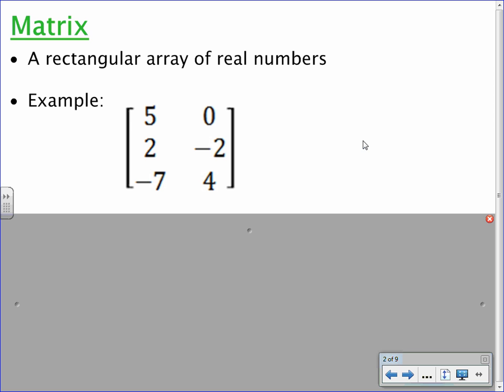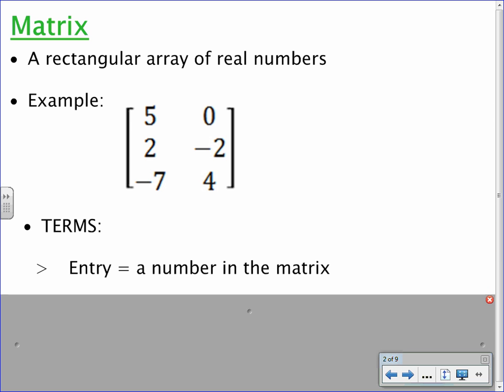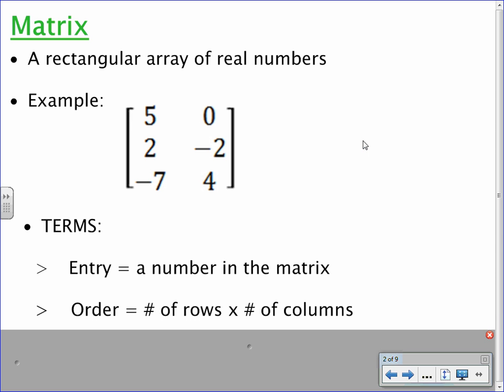And then we have these brackets on the outside. So we have rows and columns. An entry is any number in the matrix. And we say that the order of a matrix is the number of rows by the number of columns.